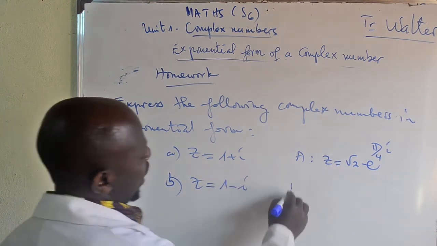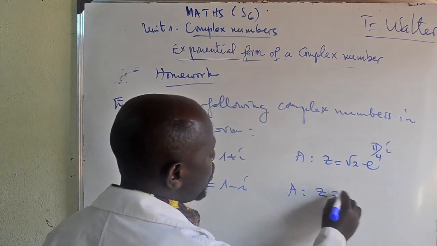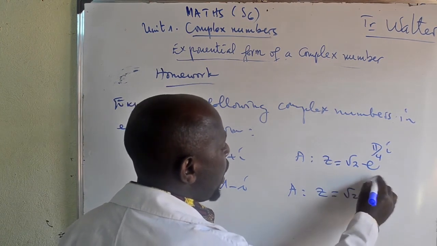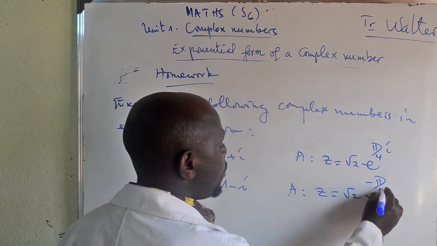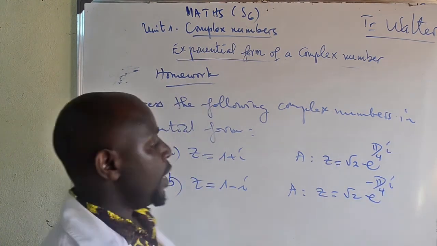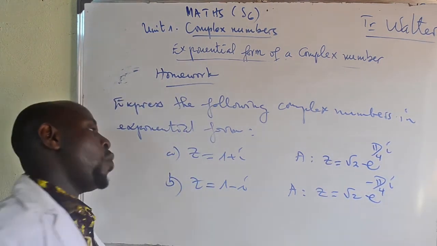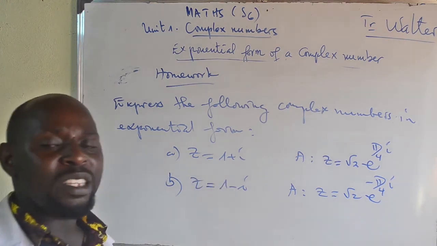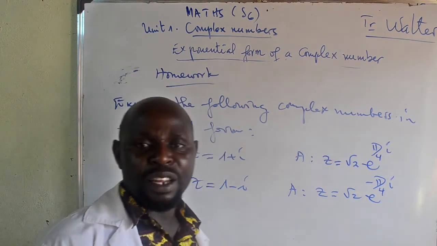And here you will get an answer: z is equal to square root of 2 e power negative pi over 4 i. This is the work I left you with, and everyone will try it as homework to see whether you are understanding our lesson.